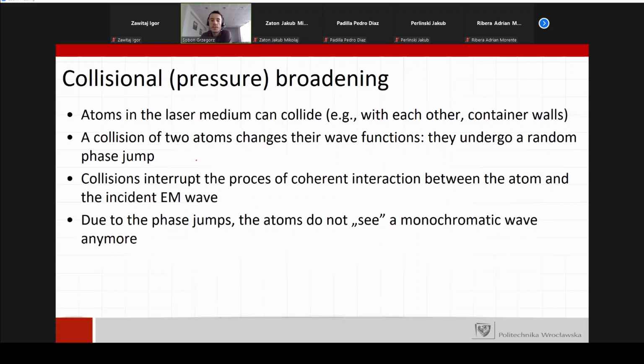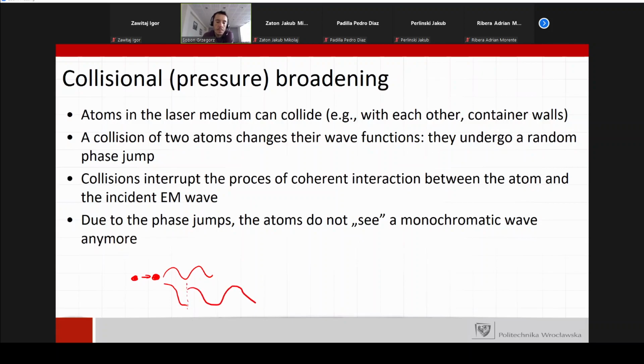And the collision of two atoms will change their wave function. If you can imagine that an atom will generate a photon, but then another atom will hit this atom, you can observe some kind of a phase jump in the emitted line.